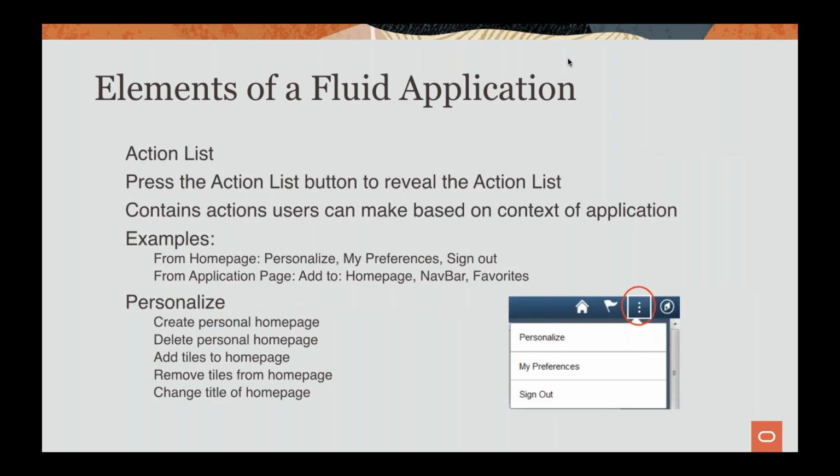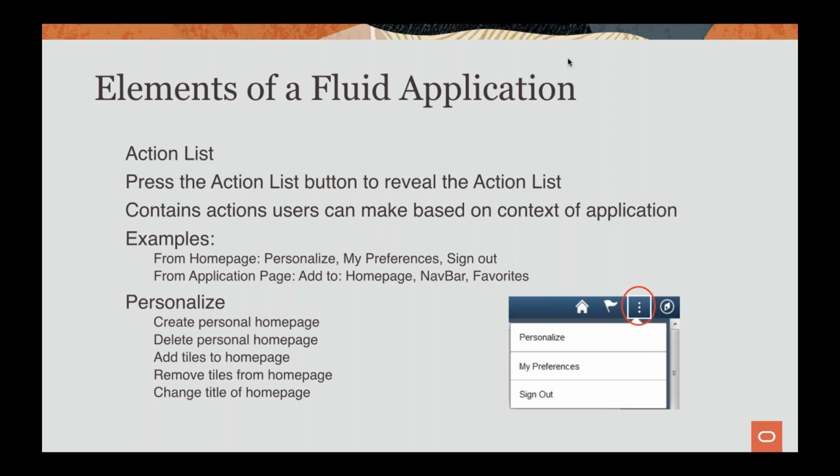Okay, what else can we do? Well, you've got your action list, which you get by pressing the dots, to reveal what actions you can perform at this particular point. It's context-based, so depending whereabouts I am in the application will depend on which actions are visible in my action list. Things you can do are personalize, look at your preferences, and sign out.